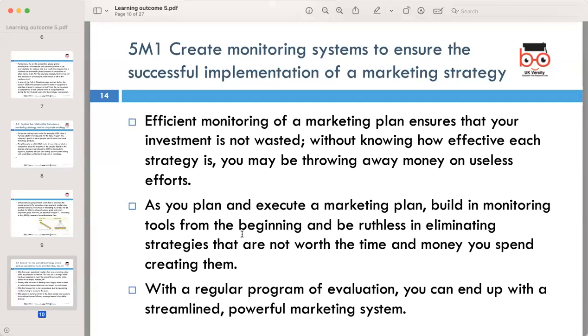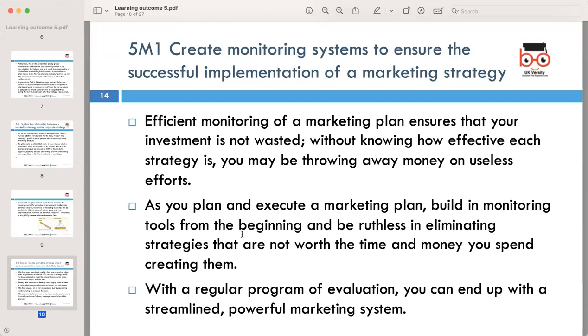So monitoring systems are essential for ensuring the successful implementation of a marketing strategy. Efficient monitoring helps organizations avoid wasting resources on ineffective strategies. It provides insights into the effectiveness of each strategy and enables the elimination of efforts that do not yield significant results. As well, a planned marketing strategy should incorporate monitoring tools from the outset.